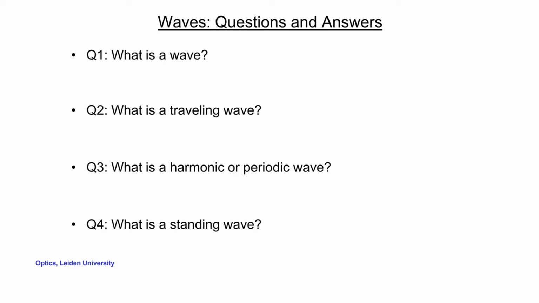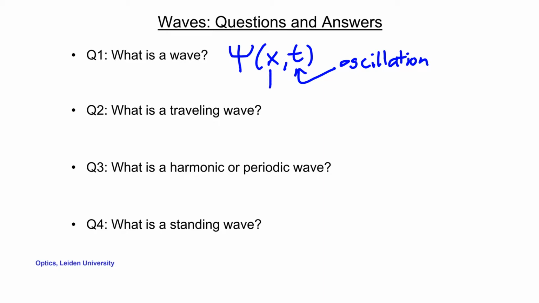Well, a wave is something that oscillates in space and time. Oscillations in time, you know from the previous lecture, where we, for instance, discussed the harmonic oscillation. And now we also have something that varies with space.